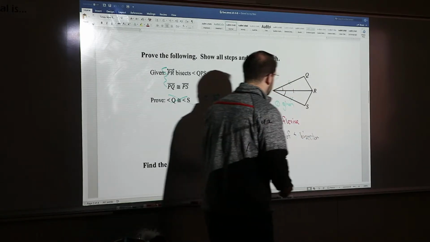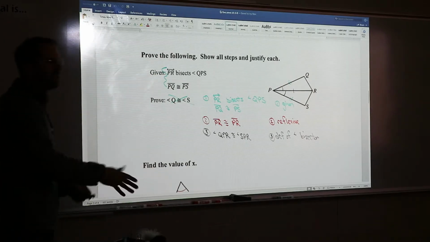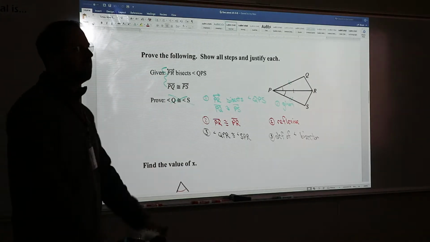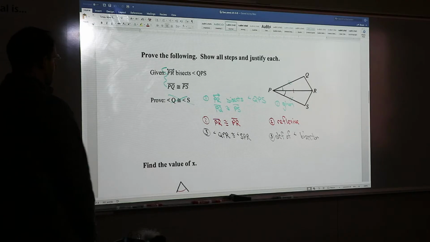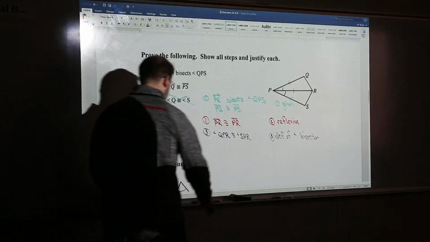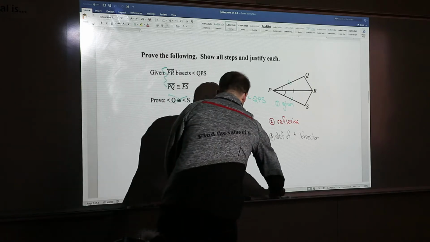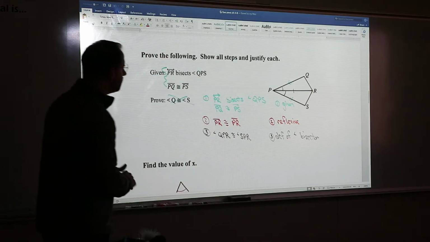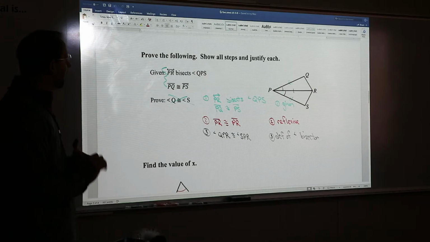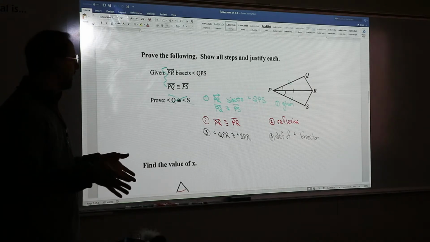I don't care what you put. When you bisect something, they're equal parts. It's like midpoint. Midpoint means the same thing. Two sides are equal.